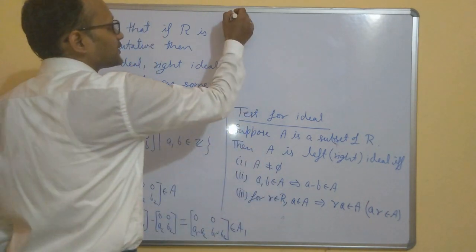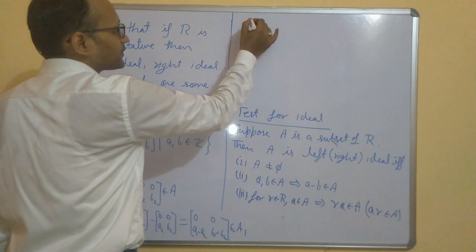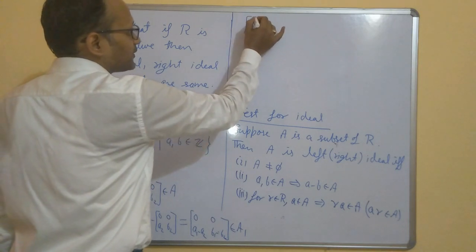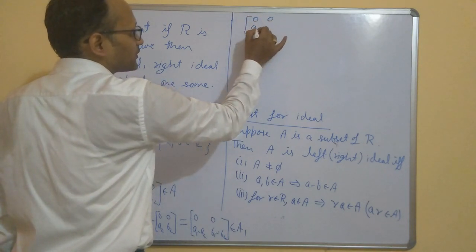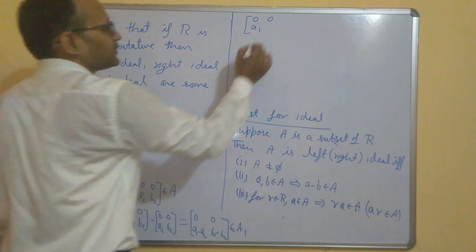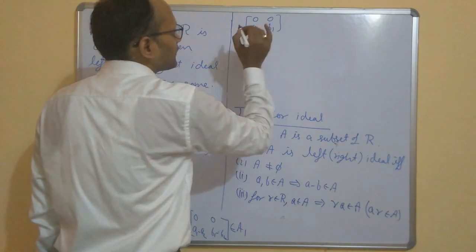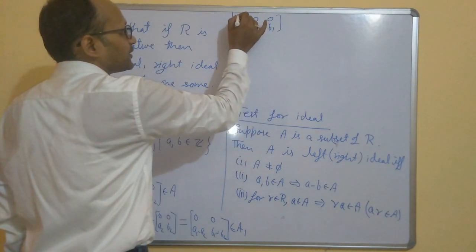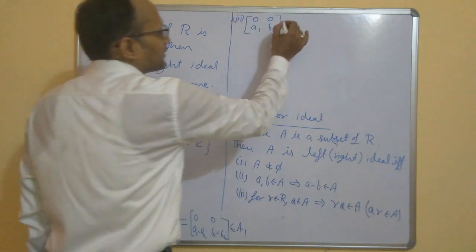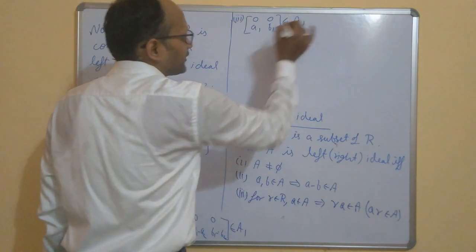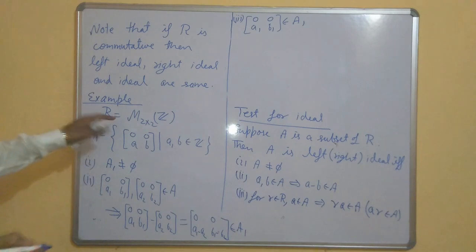So the third condition is, so let us see [0 0; a1 b1]. So let me verify the third one. This is in A, which I have taken, and take another element from the ring.